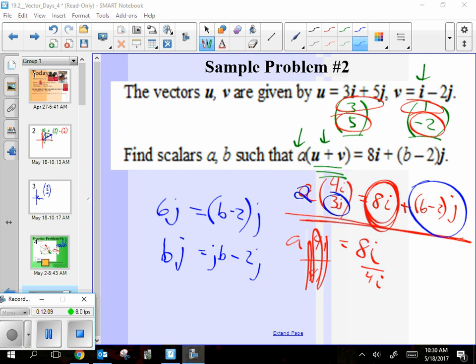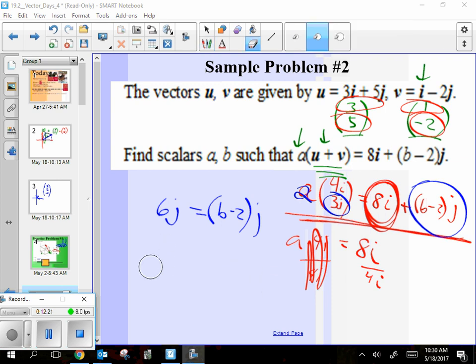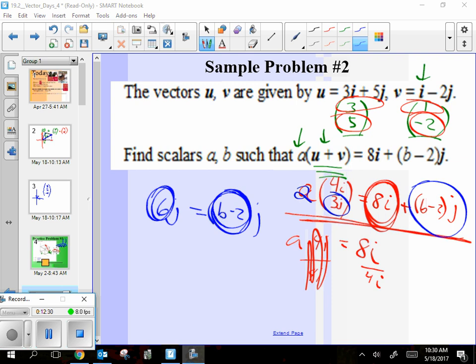Well, if I could factor out that j, it'd be pretty handy. I know, you can just go, oh, I know b is 8. Look, that's got to equal that, right? So therefore, b must be 8. Yes.